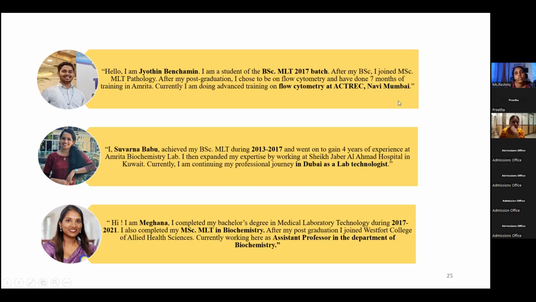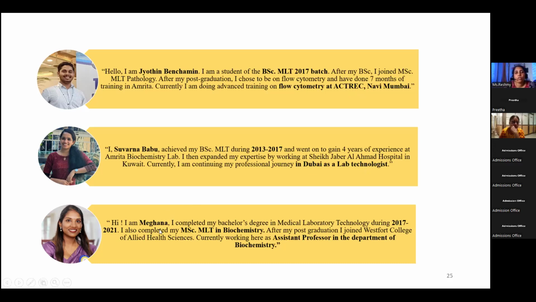He got training from our nano science flow cytometry, then he moved on there for further training. Suvarna was our second batch student. She is working in Dubai as a laboratory technologist. She worked here in Amrita for 3 years, and only then she moved on to Dubai.